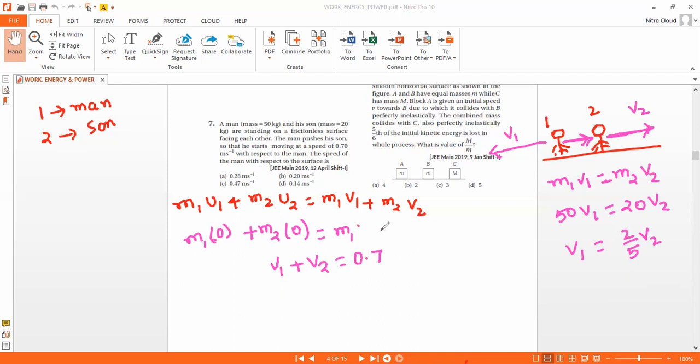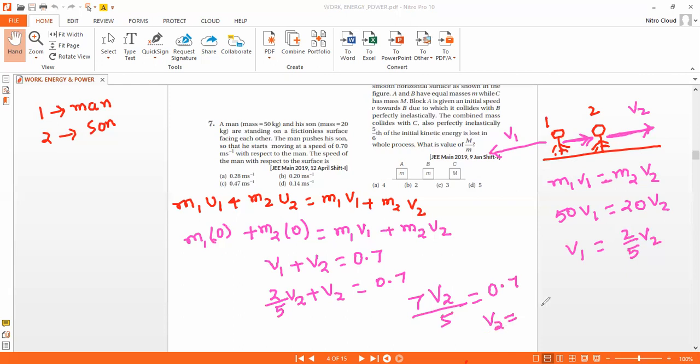Since v1 is equal to 2 by 5 v2, 2 by 5 v2 plus v2 is equal to 0.7. So 7 v2 by 5 equal to 0.7, so v2 is 0.5.